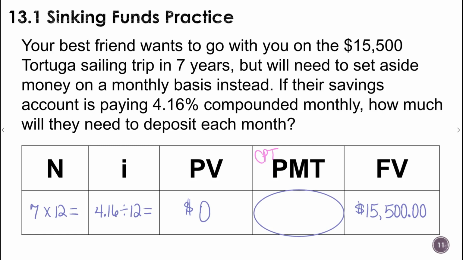Okay, so when you compute this, right, you fill in all your keys in I/Y, PV and future value, compute, hit payment, and then you should have this amount, $159.28. And so that's just strictly on a monthly basis that you're going to make this deposit or make this payment.